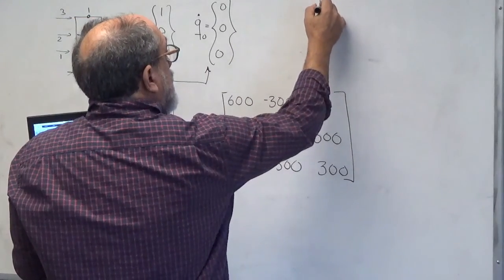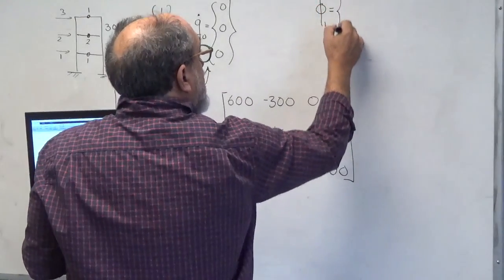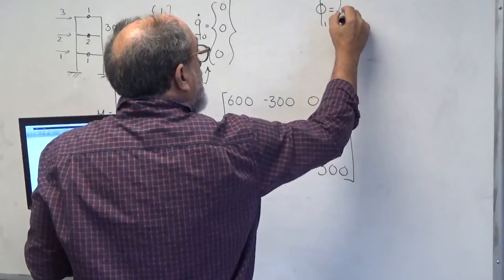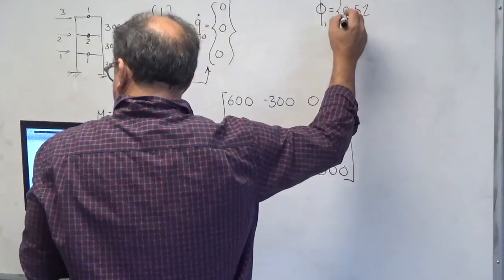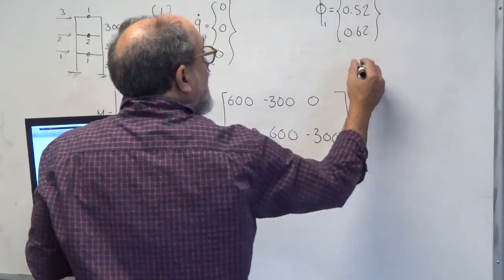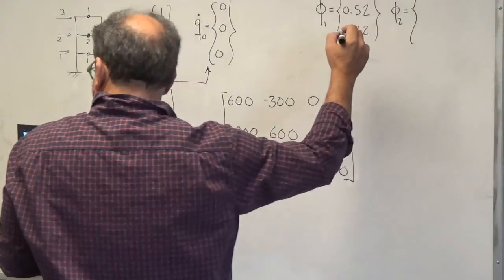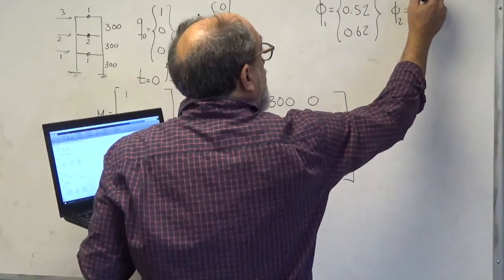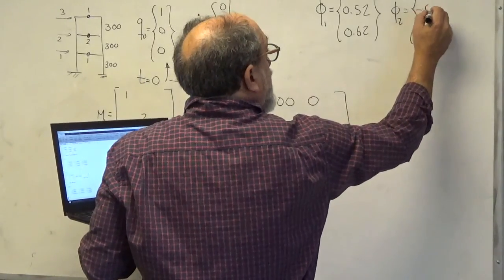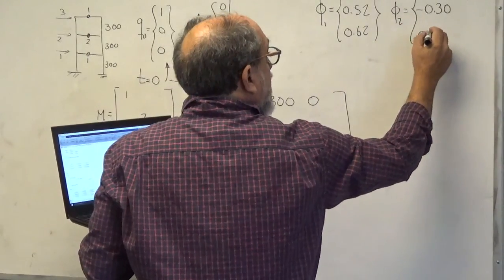So the first mode proved to be, I'm going to use 2 digits, 0.28, 0.52, and 0.62. The second mode is minus 0.51, minus 0.30, and 0.75.